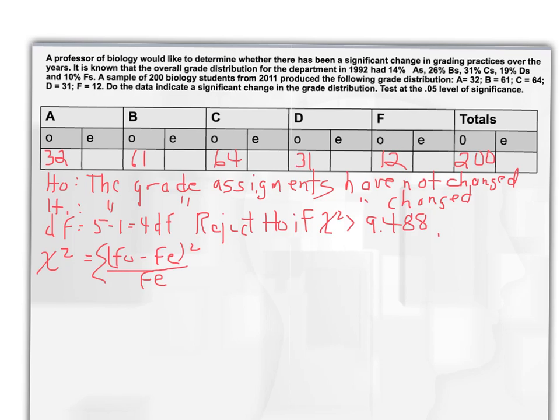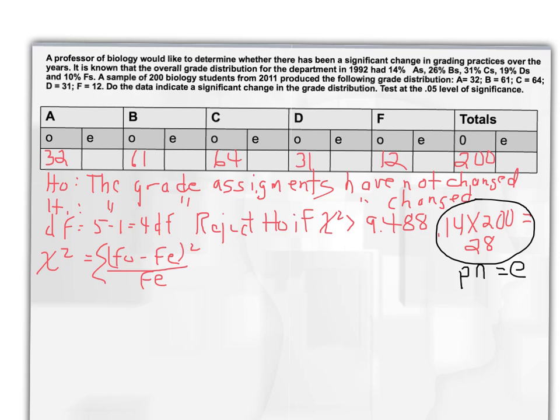So if we multiply 14% times 200, we will get an expected frequency of 28 A's. So what we did is we took the proportion and we multiplied it times the total number of people, and we got the expected frequency. We had 14% times 200, and it gave us 28.